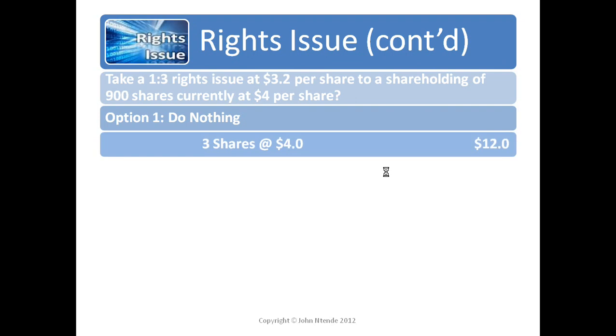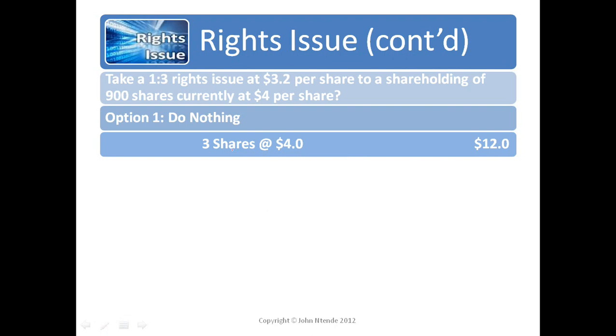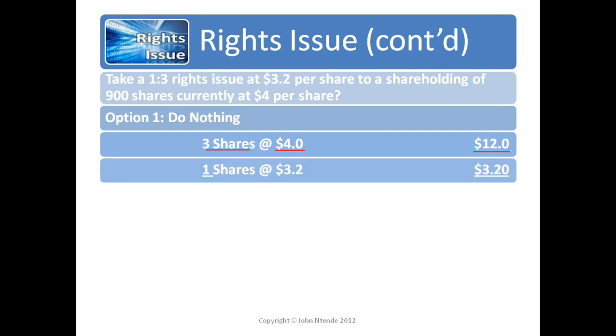To do that, we need to calculate the weighted average of the shares. Initially we have 3 shares trading at $4.0, and these are going for a total of $12. And we're purchasing 1 additional share at 3.2, which is the issue price.